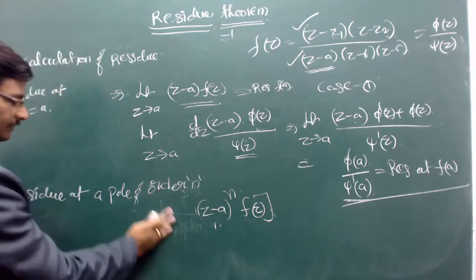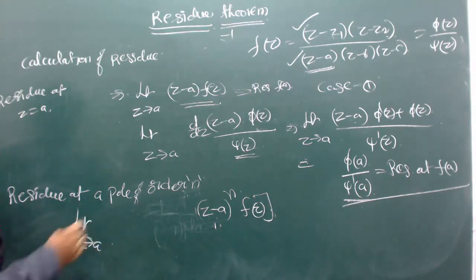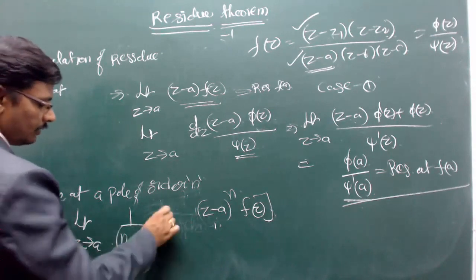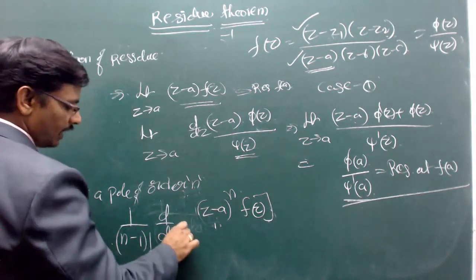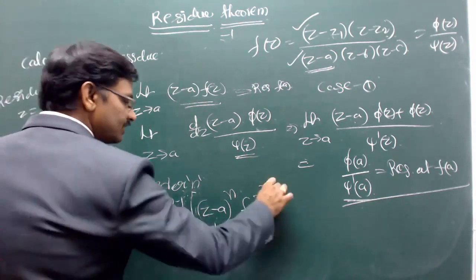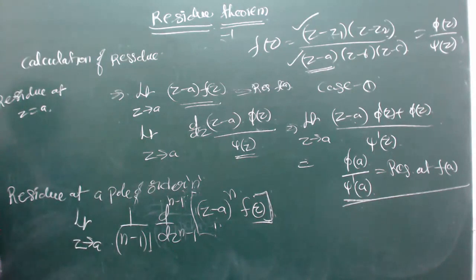Just write it here: limit z tends to a, 1 by n minus 1 factorial, d by dz power n minus 1. So you need to multiply with z minus a whole power n and then do the derivative n minus 1 times, and then 1 by n minus 1 factorial, which is nothing but the residue value at f of a.